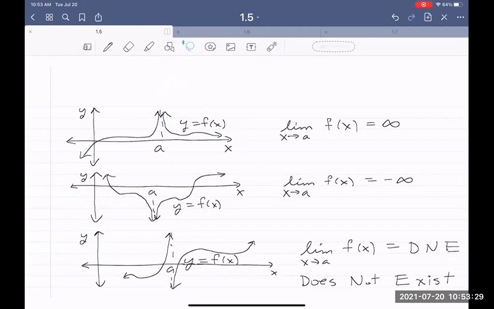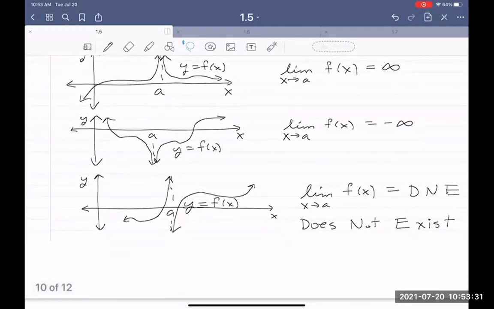Suppose that as x approaches A from both the left and from the right, my y values are getting smaller and smaller and smaller. Then we say that the limit as x approaches A of f of x is equal to negative infinity.